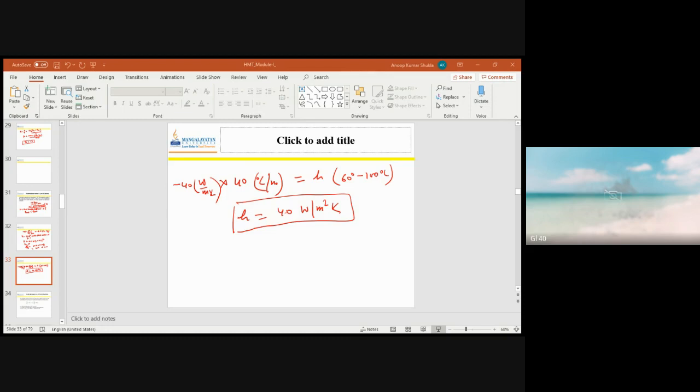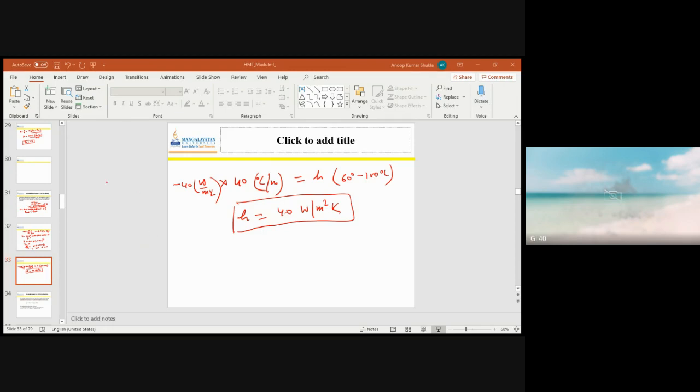So for that case, we can model by considering both radiation and convection, and that is called the combined convective and radiative heat transfer.